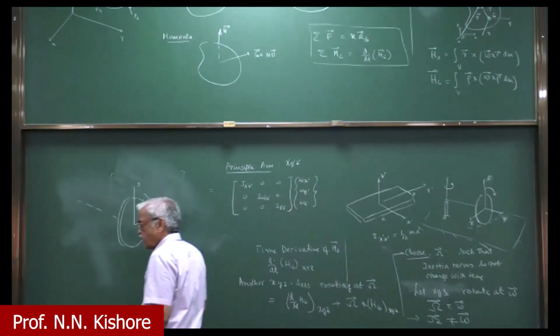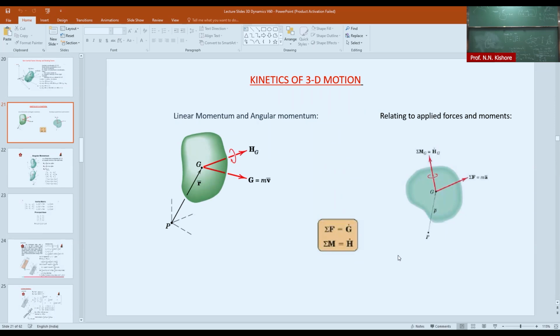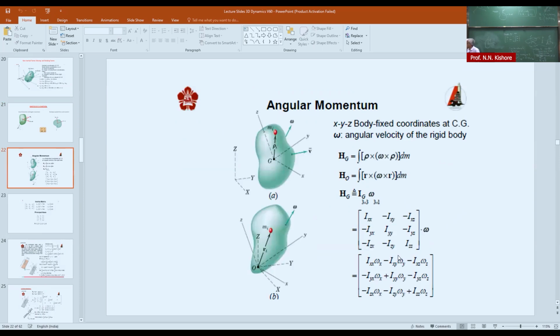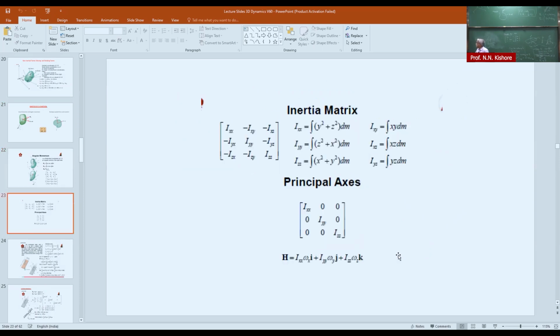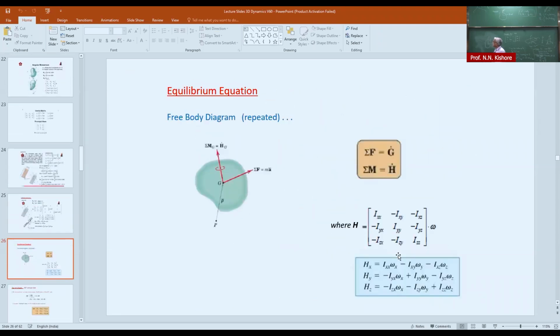I'll show some expressions, which are slightly bigger. This is what I was showing; I went through this one just now. If you have principal axes, then the inertia matrix will turn out to be a simple diagonal. Okay, I'll come to this problem.